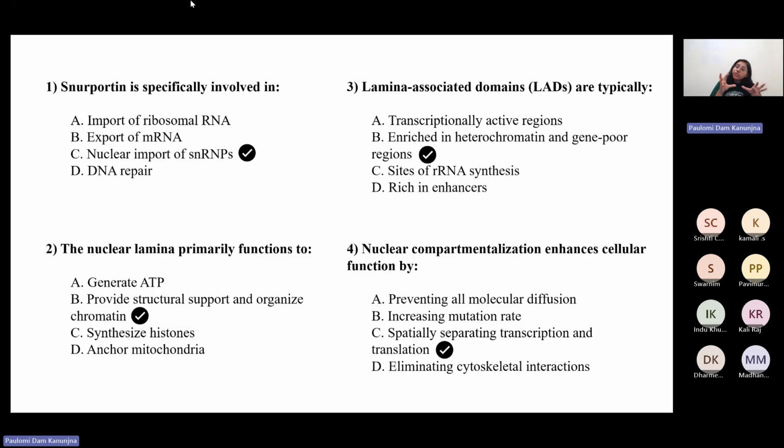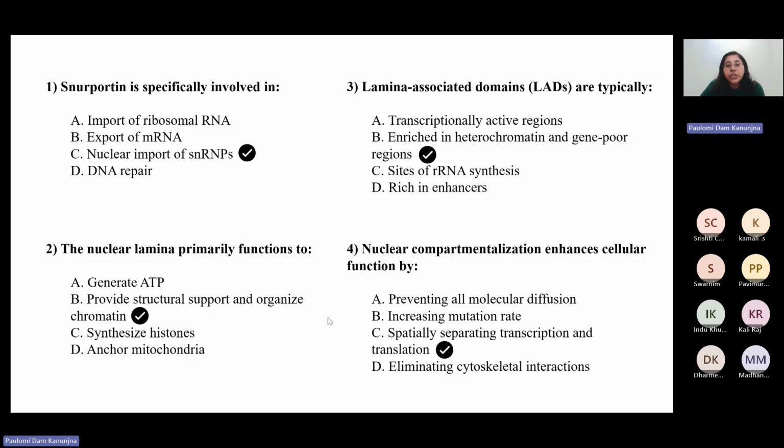Those are the regions which are not interacting with any other protein and are free in their nature. Because your lamin proteins are already bound to these LADs, your DNA becomes heterochromatin, and these are gene poor. Gene poor means they are not transcribing, so they are called gene poor to differentiate them from the euchromatic region, which is the region that actually gets transcribed. I hope that is the logic, and I hope that it is clear to you.